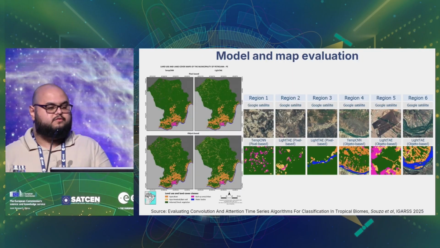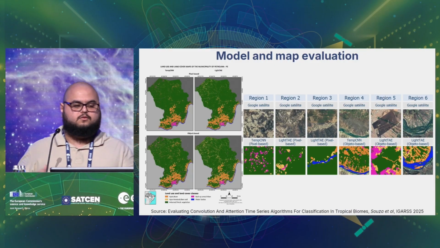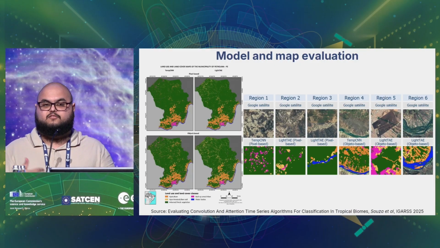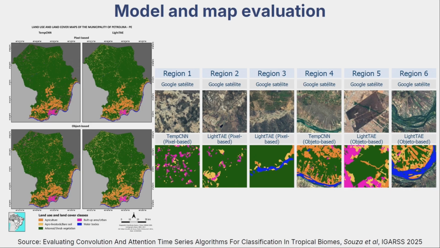And to finish my presentation, I would like to mention a little bit about the model and map evaluation. Because when we see many papers publishing results about land use and land cover maps, people usually mention the k-fold results. This figure is from a work we developed a few months ago, comparing convolutional and attention-based methods to create land use and land cover maps.